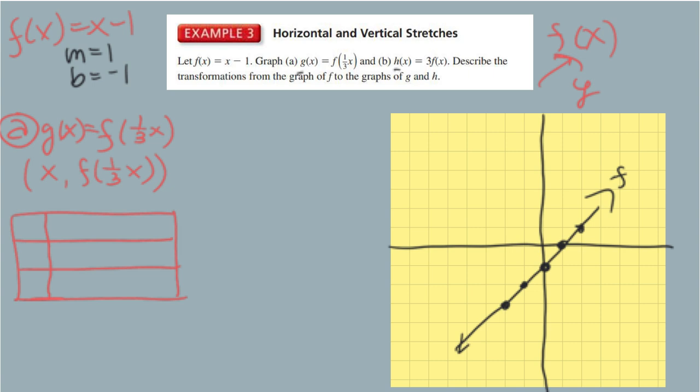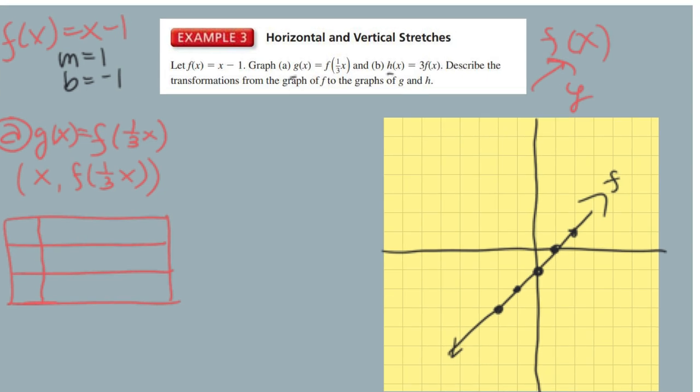To make my life easier when multiplying, yes, I'm going to use 3. Because if not, I'm going to be stuck with more fractions. And we know we love fractions. So I'm going to have x values -3, 0, and 3.